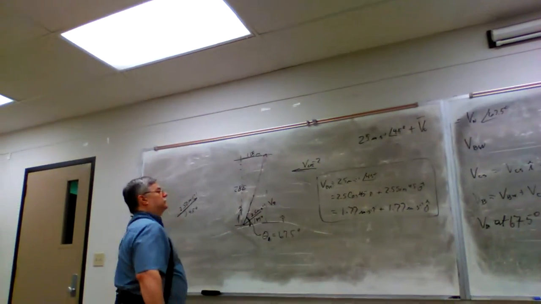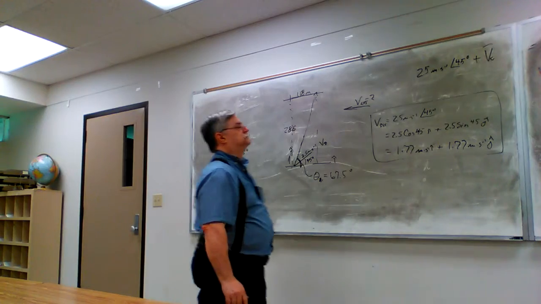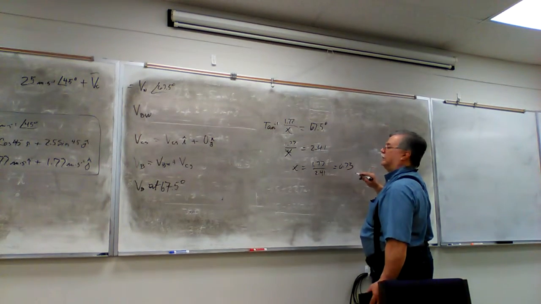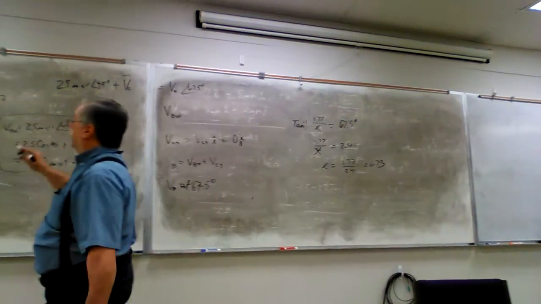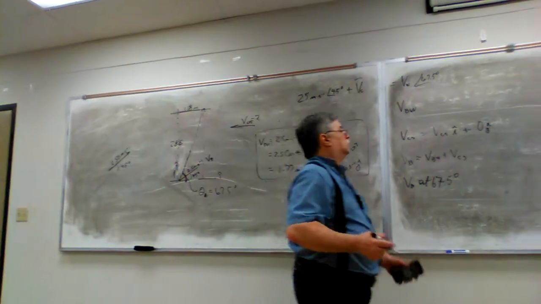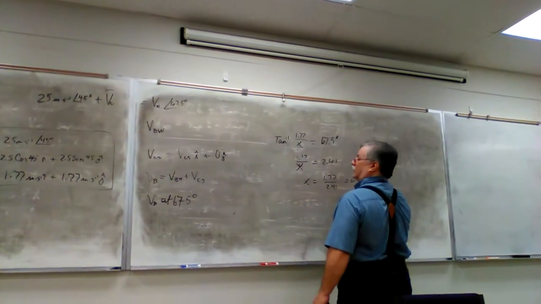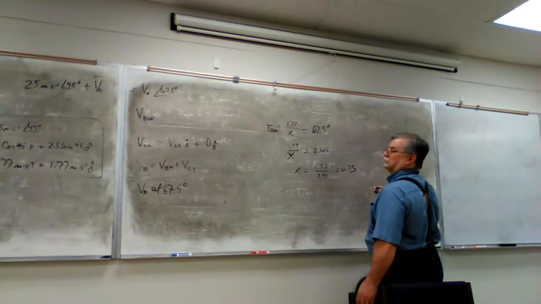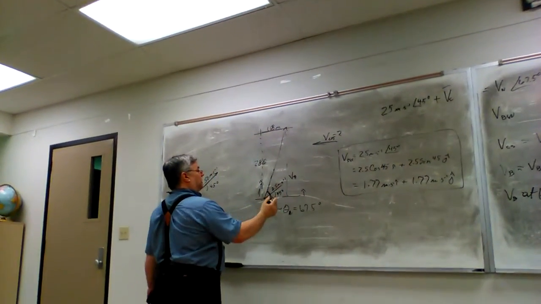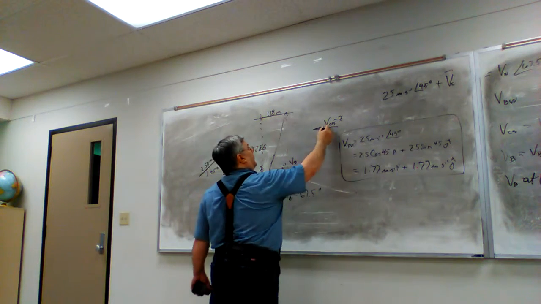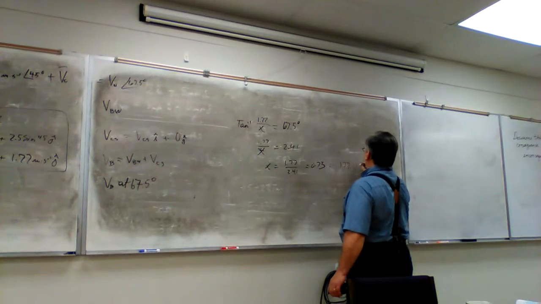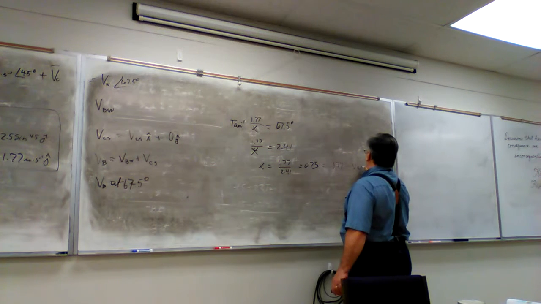We change the horizontal component of the boat's velocity to 0.73, then that would equal the original horizontal component of 1.77 minus the current of the river, relative to the shore.